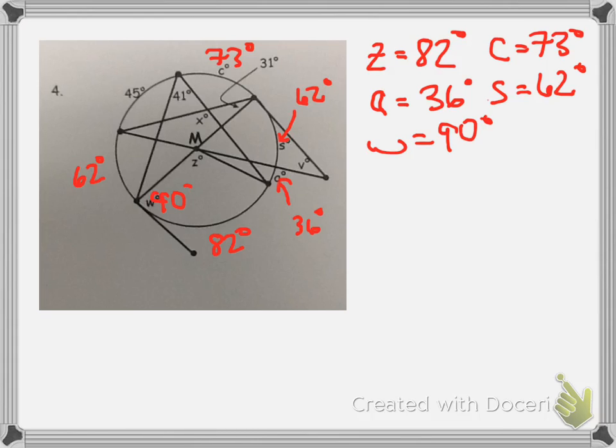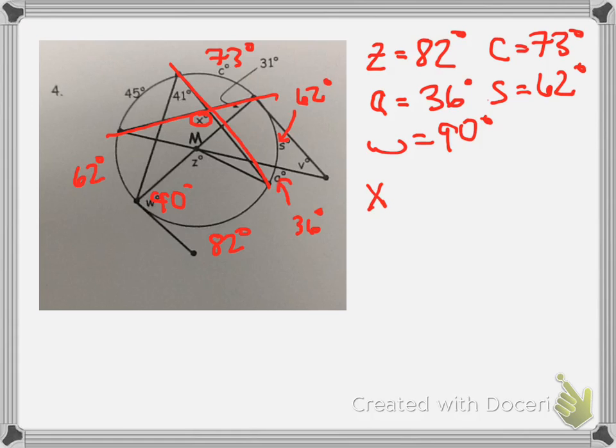All right, what else are we missing now? X. Okay, so X is this angle right here. It's an inside angle. So that means it's talking about these lines right here. Okay, so it's the sum of the intercepted arcs divided by 2.